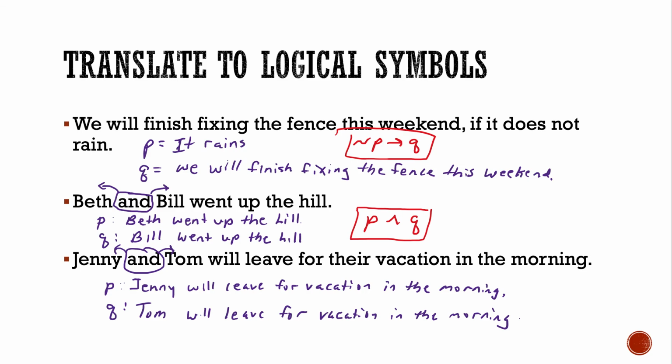So we're going to do a P, we're going to use the symbol for and then a Q. So this will read, Jenny will leave for vacation in the morning and Tom will leave for vacation in the morning. Or we could read it the way that we have it written in the sentence. Jenny and Tom will leave for their vacation in the morning.